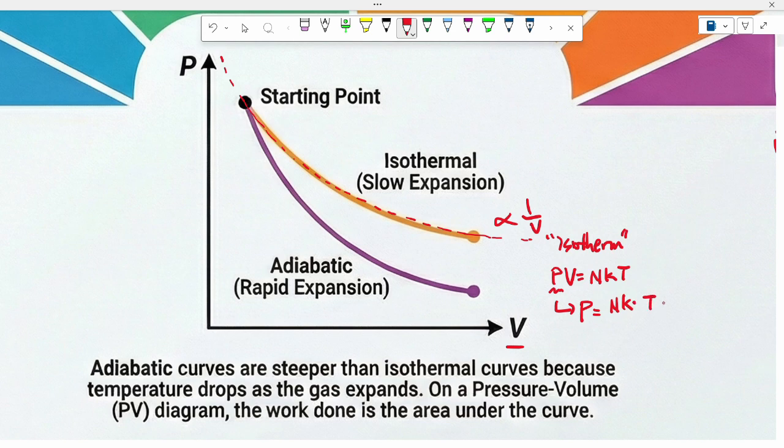So temperature is a dynamical quantity. It could change, but in the case of an isothermal process, temperature is constant through there being so much heat transfer. That divided by V. So when you look at pressure as a function of V, that's going to look like 1 over V. That's an isotherm. So between this point and this point, the temperature is the same.